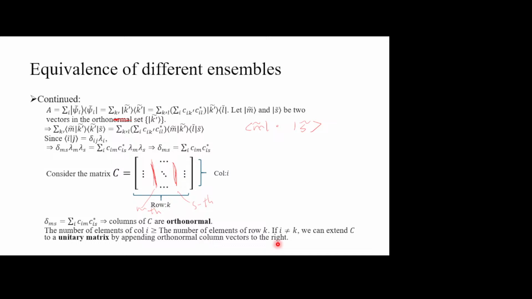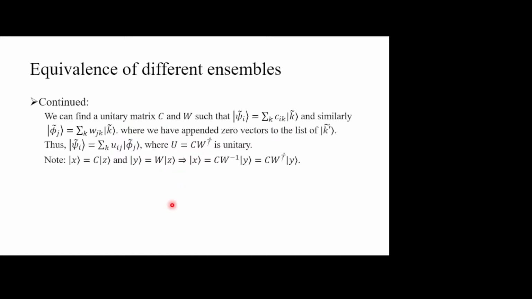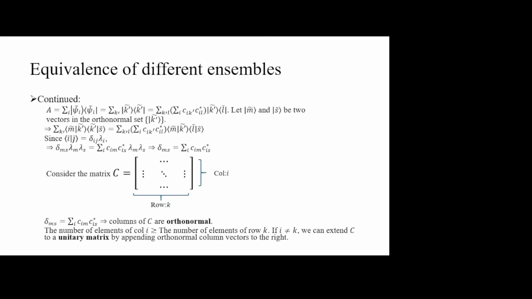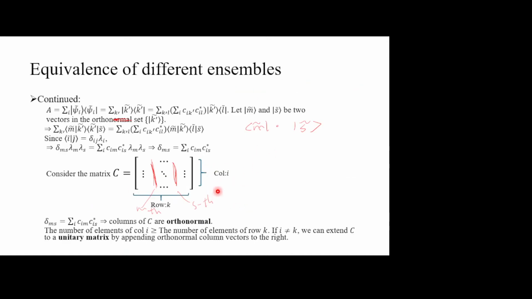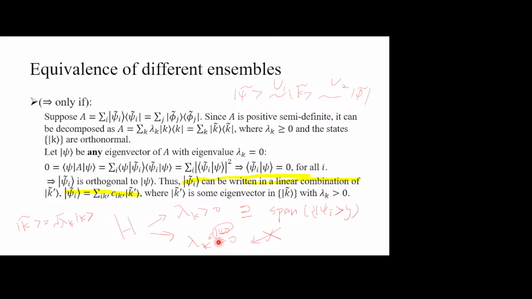By appending also orthonormal columns to the right, that way you can define a unitary matrix C. Those extra columns basically will transform into this lambda k equal to 0 subspace, and so that doesn't change your A equal to summation over k of lambda k times the k projector.